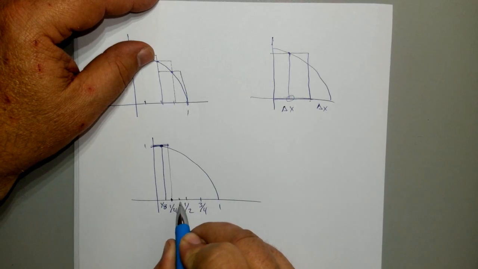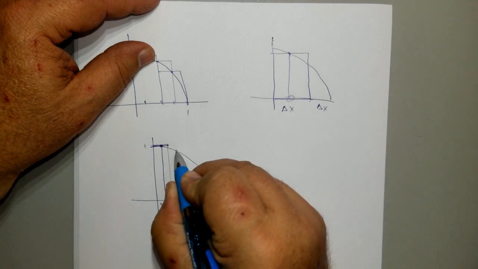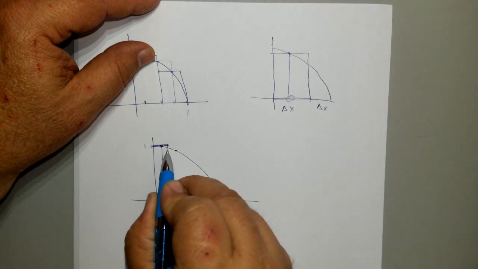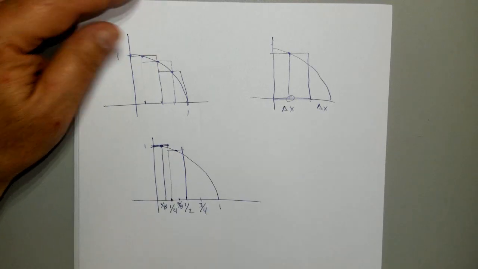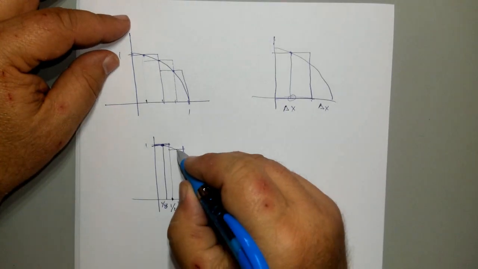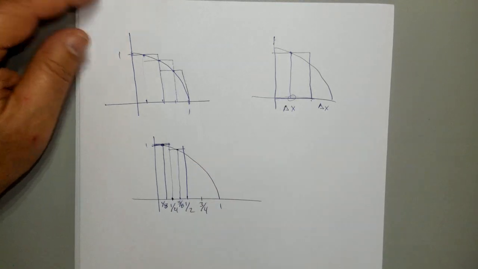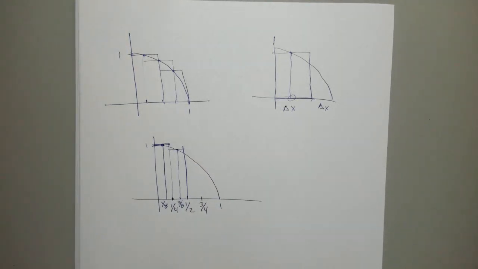The next input would be at 5/8. So you're letting the inscribed and the superscribed cancel each other out. And the more narrow delta x is, the less actual waste you have.